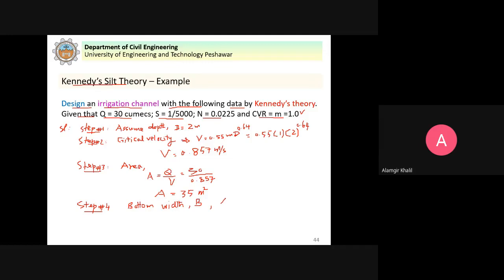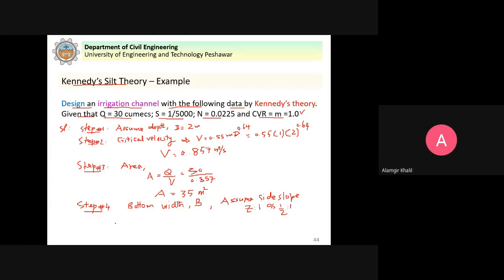As it is already given, for alluvial soil we can assume the side slope Z, that is half to 1.